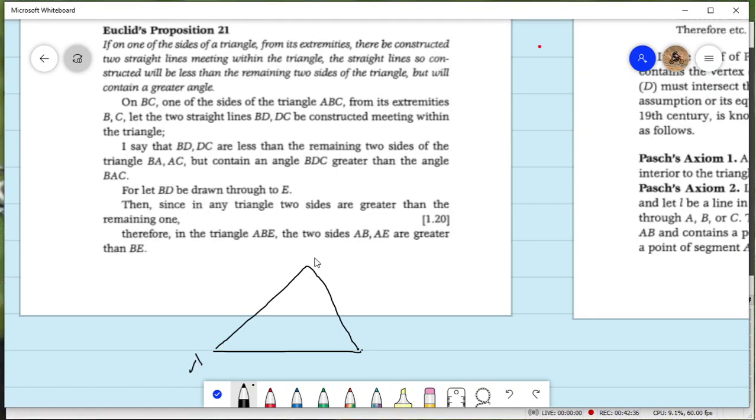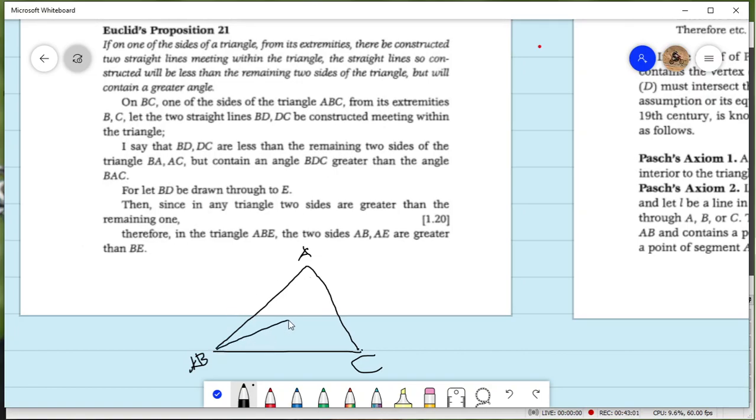A, B, C. On this side of the triangle, from its extremities B and C, let two straight lines BD and DC be constructed.